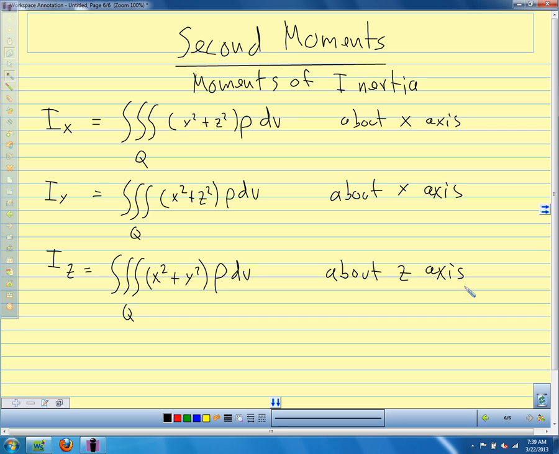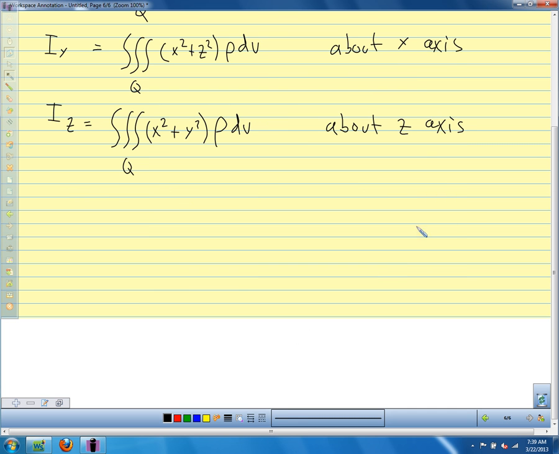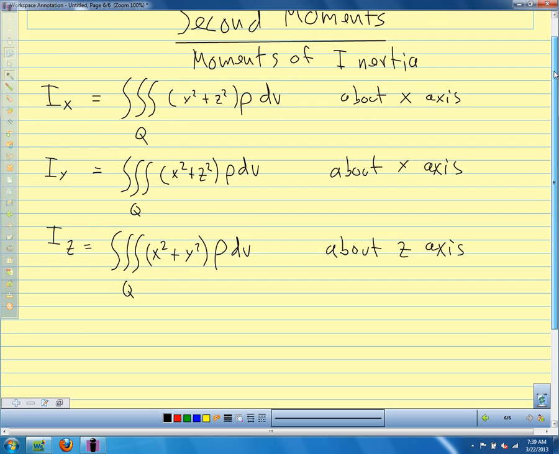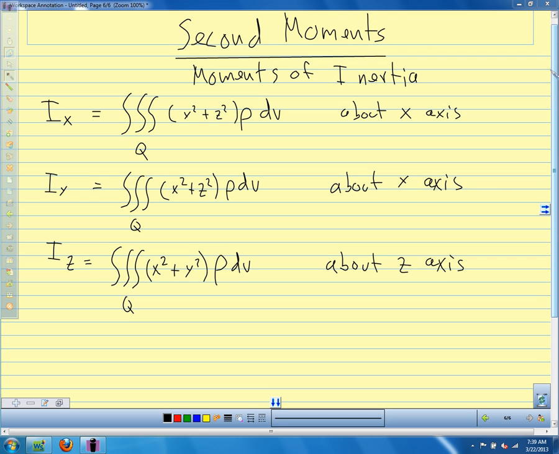We can also talk about the moment of inertia about a plane. If everybody's got these, I'll switch to the next page. Everybody good here? So we can talk about our second moments about the coordinate planes.